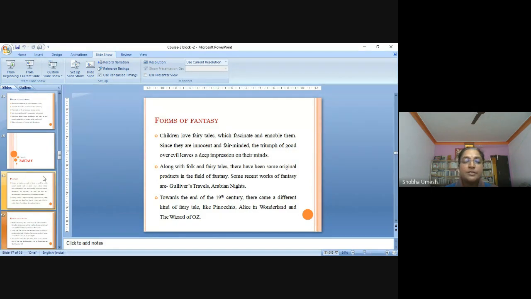There have been some original products in the field of fantasy. Some recent works of fantasy are Gulliver's Travels and Arabian Nights. See, when we compare the stories written in ancient times with the stories which came down through the ages, there are a lot of differences. Stories involving fantasy, adventures and voyages took place only after the Renaissance period.